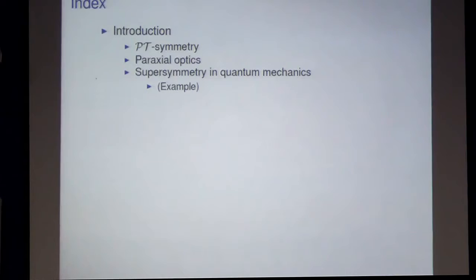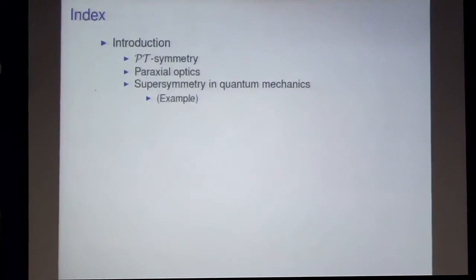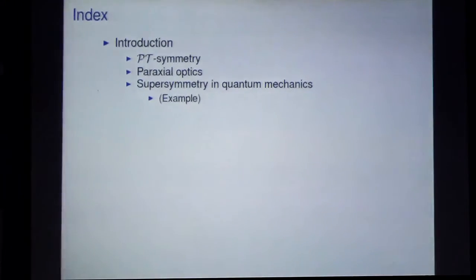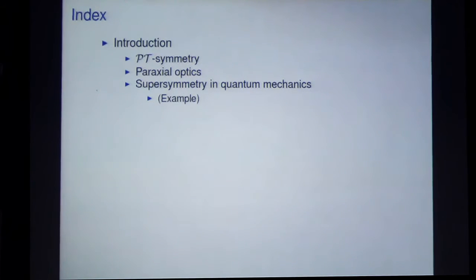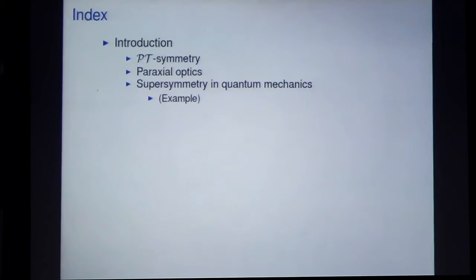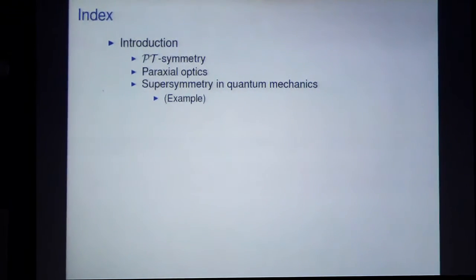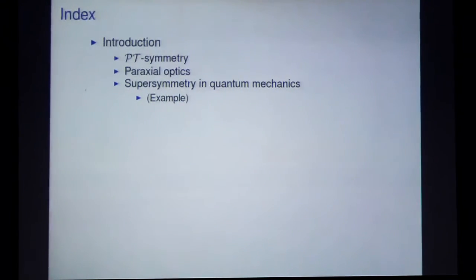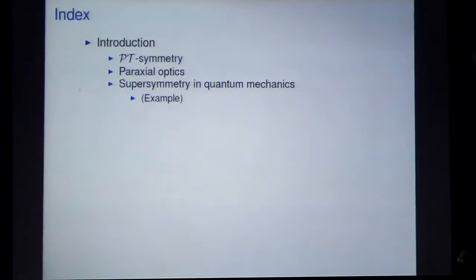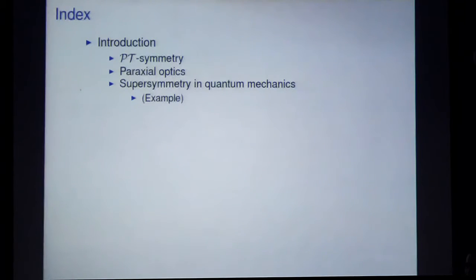The index of my presentation is the following. I'm going to start talking about what is PT symmetry really fast, then how we associate quantum mechanics with optics via paraxial approximation.